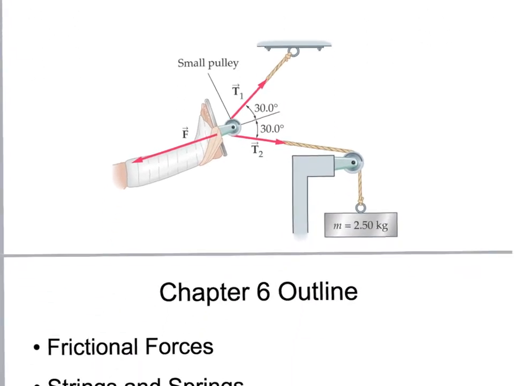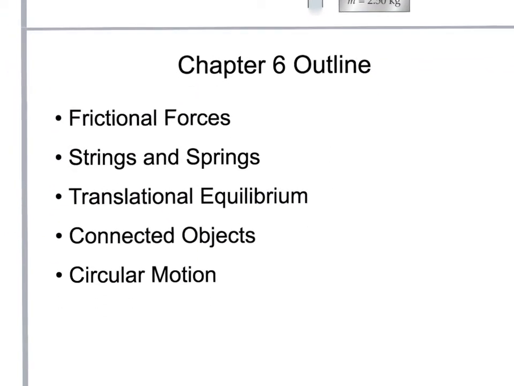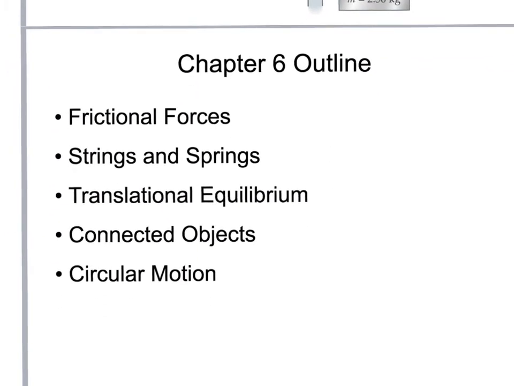And let's move on to our outline here. So we'll see our frictional forces, and then we'll learn about strings and springs as they apply to Newton's laws too, and then translational equilibrium. The equilibrium, that's what we mentioned in the last slide. Translational, basically all of the motion we've been talking about so far has been translational motion.